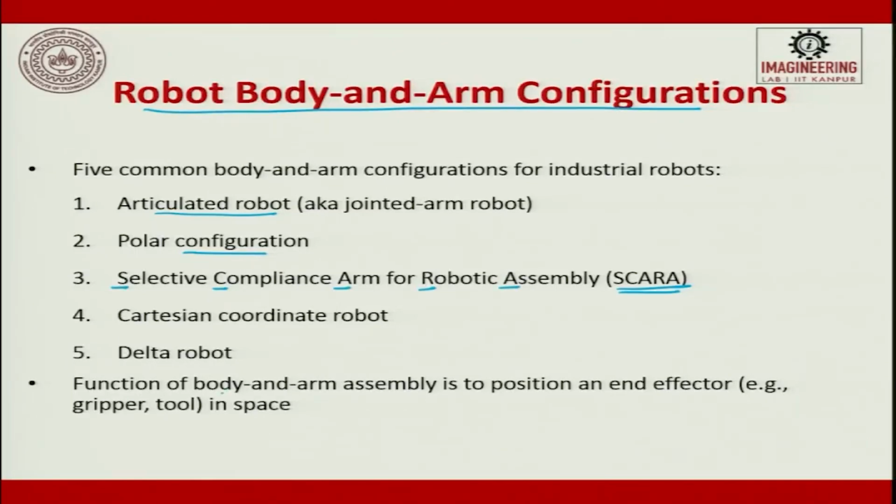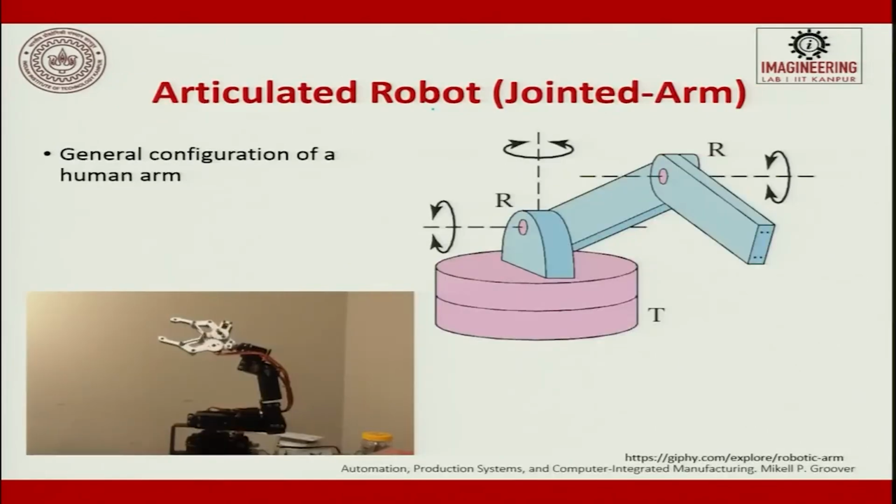The function of a body and arm assembly is to position an end effector in space. End effector is this, end effector in space. So, this is the basic function of this body and arm configuration. This is a typical articulate robo or the joint robo.